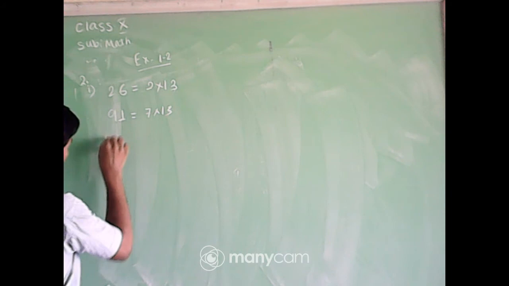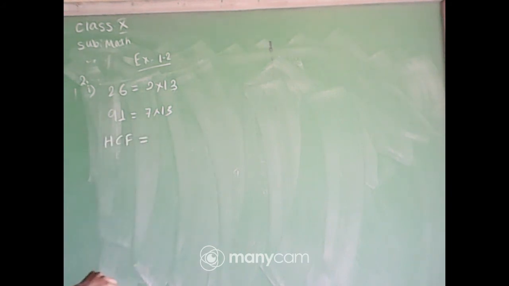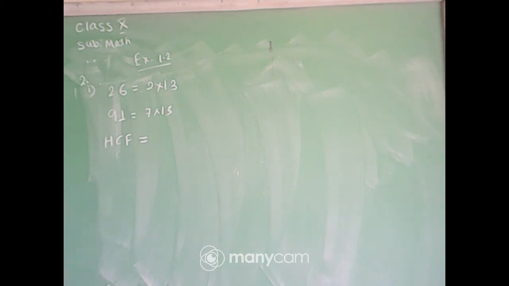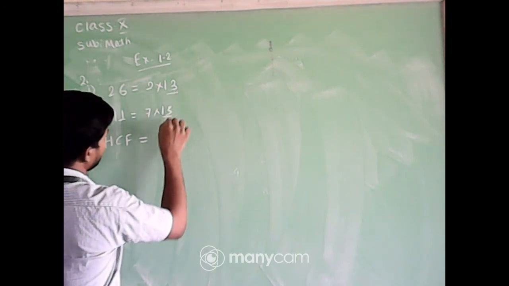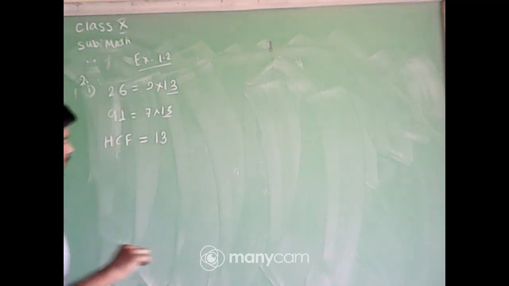So HCF means the common factors, the lowest power of the common factors. Here the common factor is 13 and the lowest power of 13 is 1. So HCF is equal to 13.